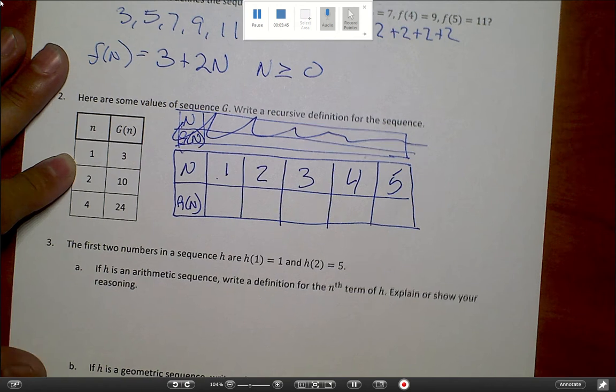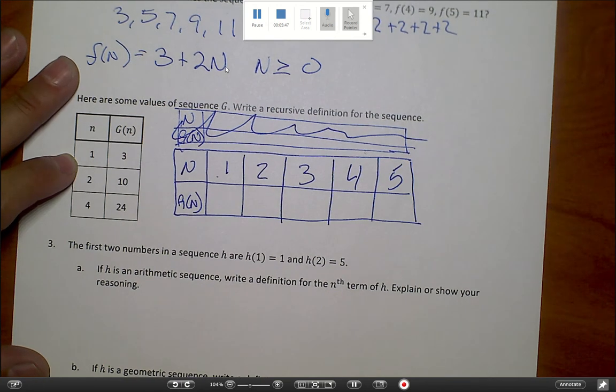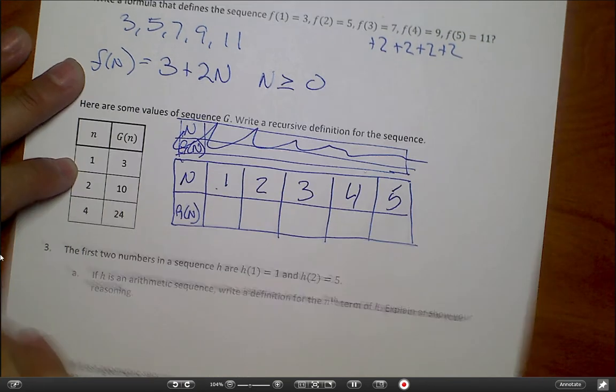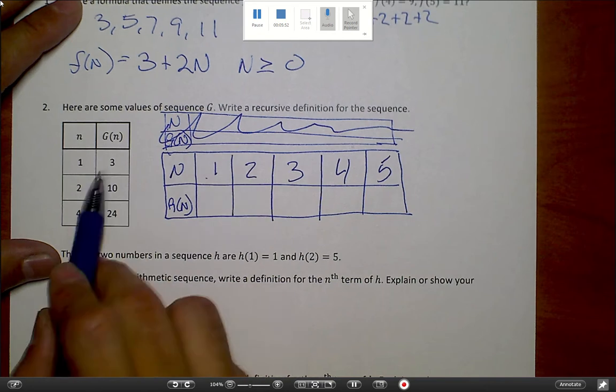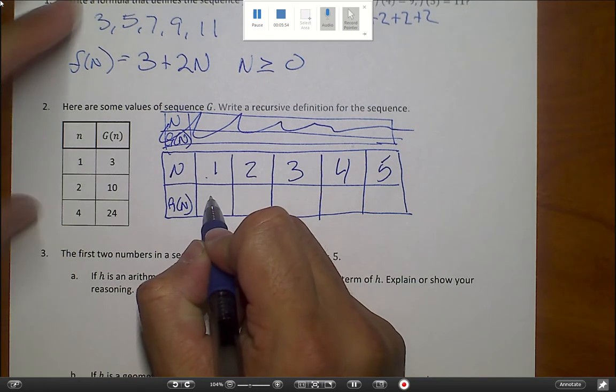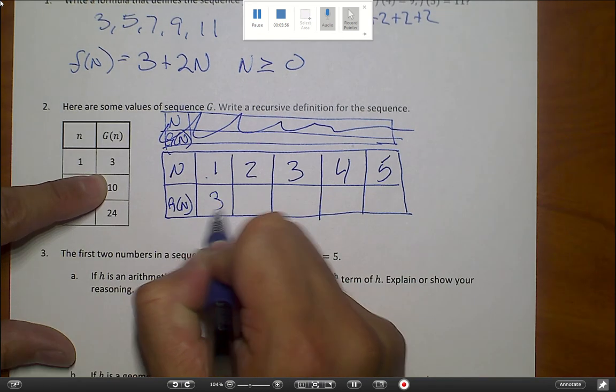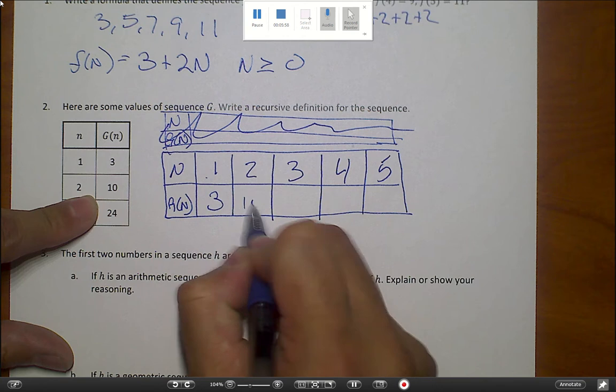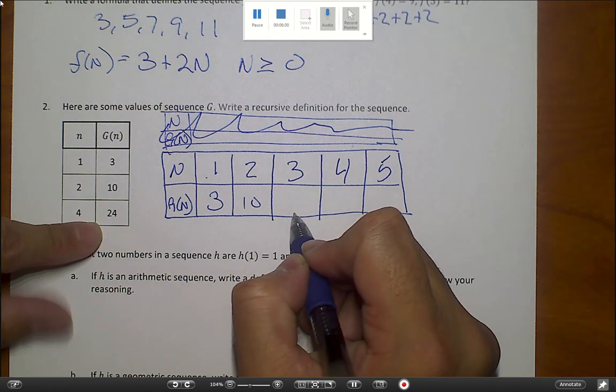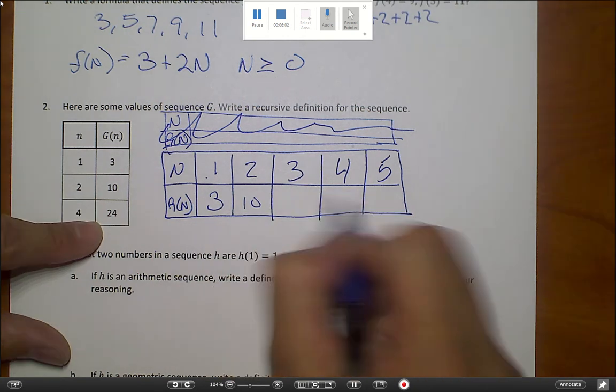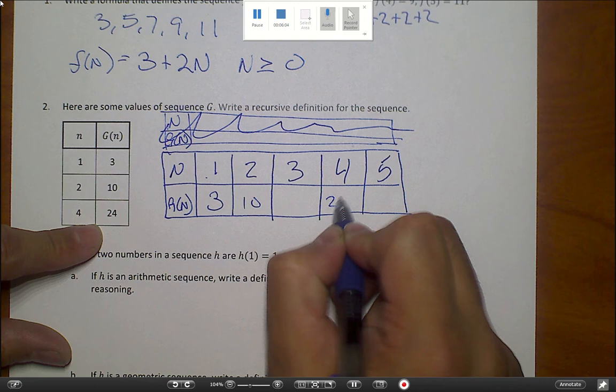All right, so let's see how this lines up. 1 is with 3, 2 is with 10, 3 is with, I don't know, but 4 is with 24.